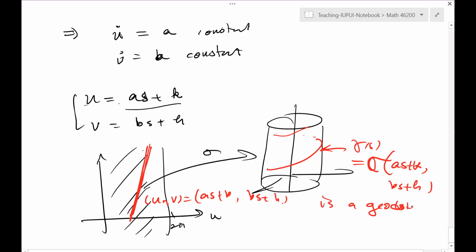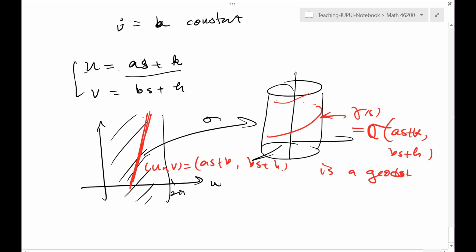So geodesics on the cylinder are described as the images of a straight line from the UV plane. Now you can see that geodesics on the cylinder are completely determined using those equations.